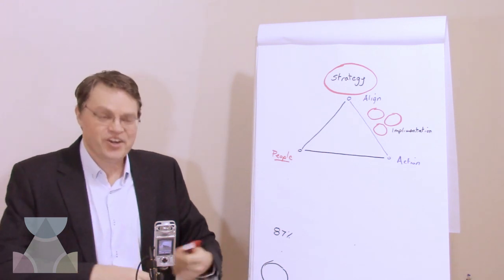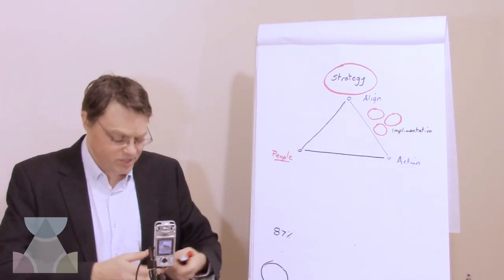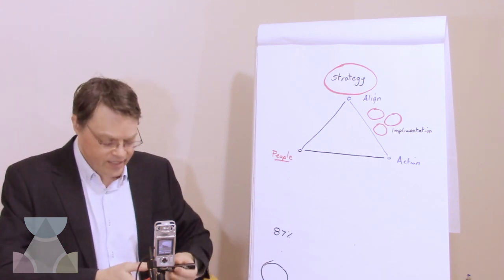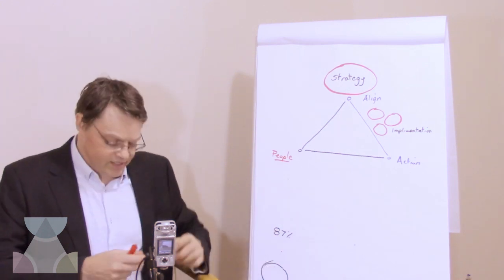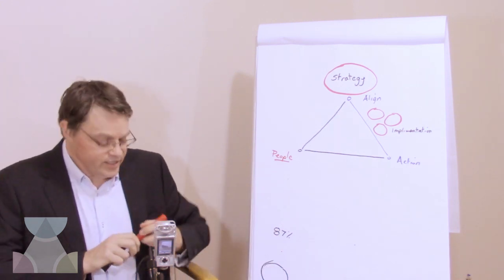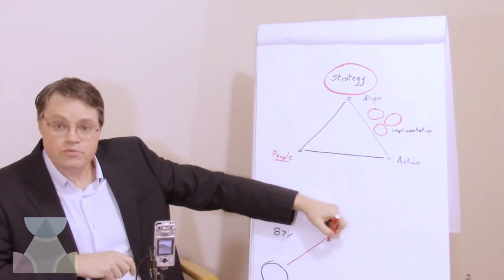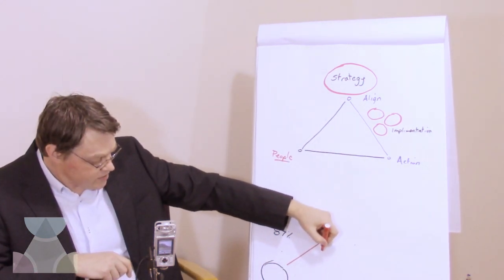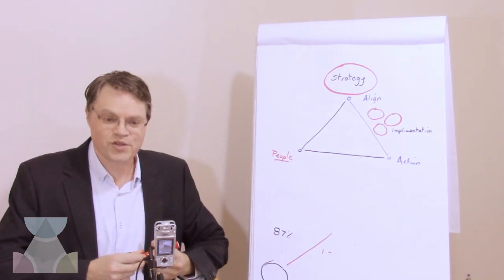HBR did a fabulous study on this in 2002 with 10,000 managers, and they found that 87% of managers fall into that category, which I'm going to slightly redefine based on the 3 rules of low performance. Almost every organization functions on these 3 rules of low performance.